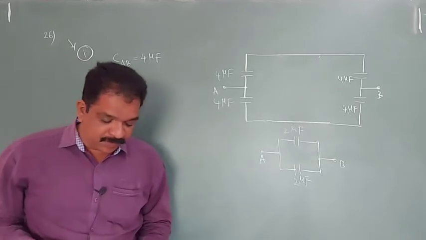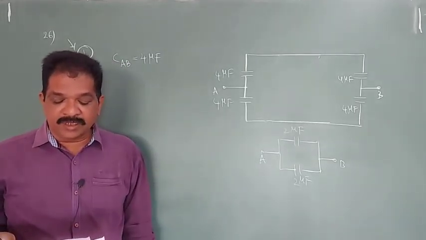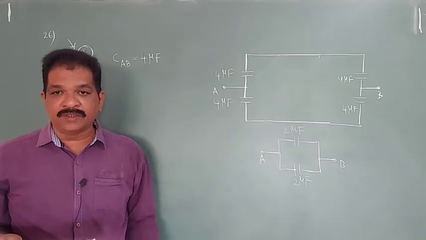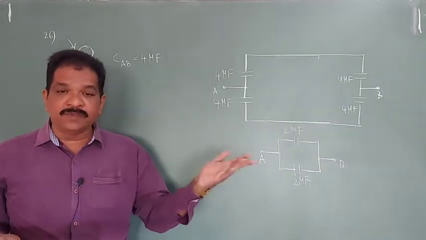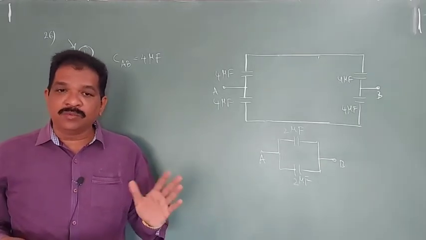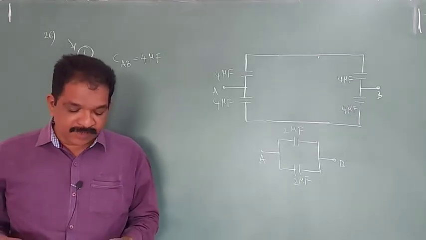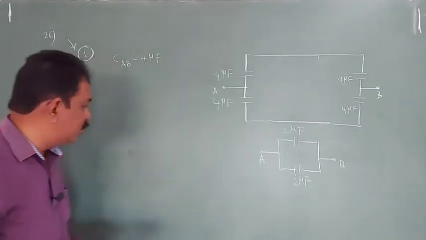Next question number 27. The work done to move a charge on an equipotential surface. Equipotential surface means 2 points are at the same potential. There is no potential difference between the points. Therefore, work done value is equal to 0.